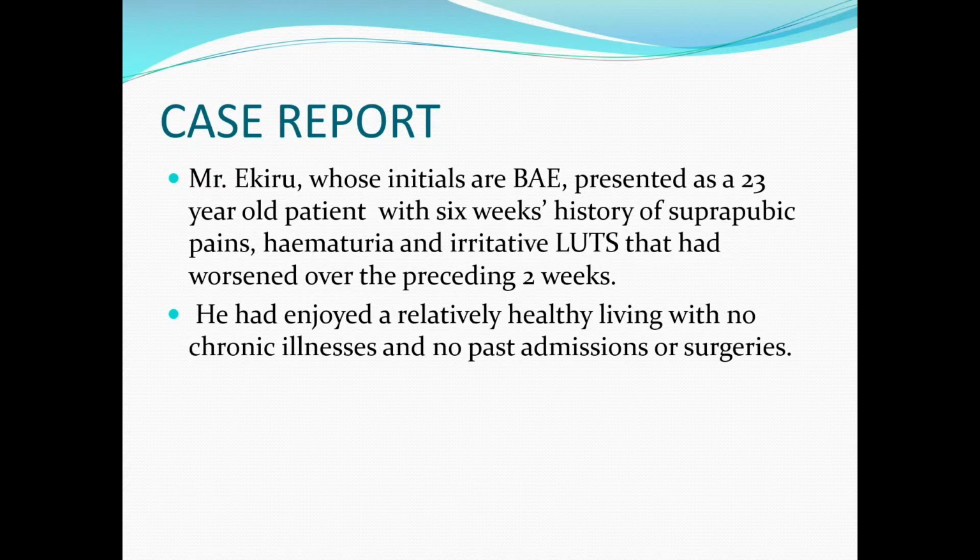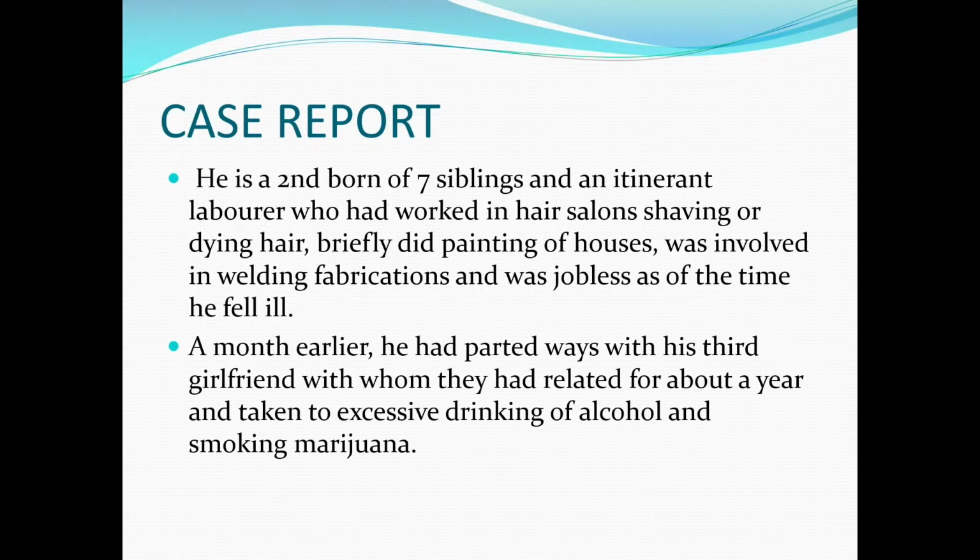He had enjoyed a relatively healthy living with no chronic illnesses and no past admissions or surgeries. He's a second born of 7 siblings, an itinerant laborer who had worked in hair salons, shaving or dyeing hair, briefly did painting of houses, was involved in welding fabrications, and was jobless as of the time he fell ill.